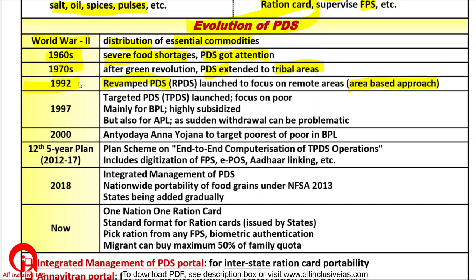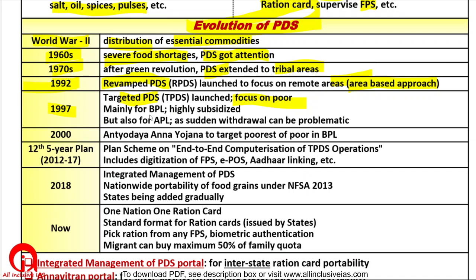Government's focus from 1992 RPDS was that we should focus on backward areas, right? In 1997, government said our focus is not on the backward areas, our focus is on backward people. That is, our focus is on the poor. Wherever that poor might be living, we will try to get cheap food to that person, okay? So this targeted PDS was launched in 1997.